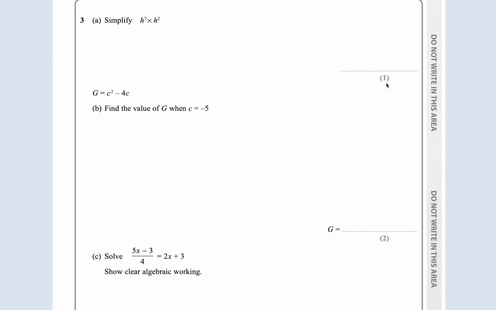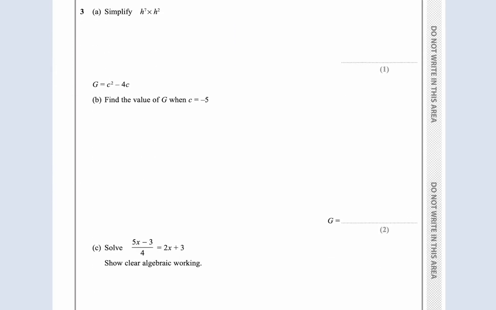Okay, question 3. Simplify h to the power of 7 times h squared, add the powers, and we get h to the power of 9. Okay, g is equal to this, find the value of g when c equals -5. Just be careful, guys, right? g equals -5 squared, always use brackets, minus 4 times -5.